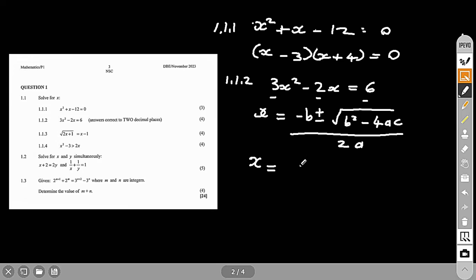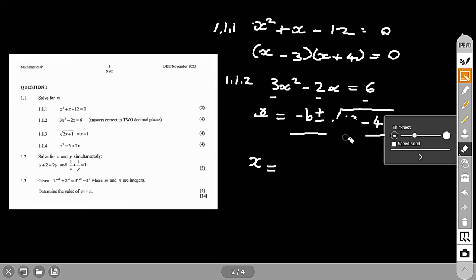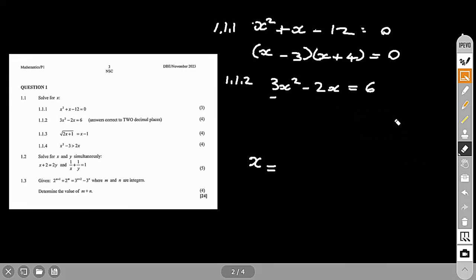But first things first, let's put this equation into standard form. So let's just take out this formula and put this equation into standard form first.